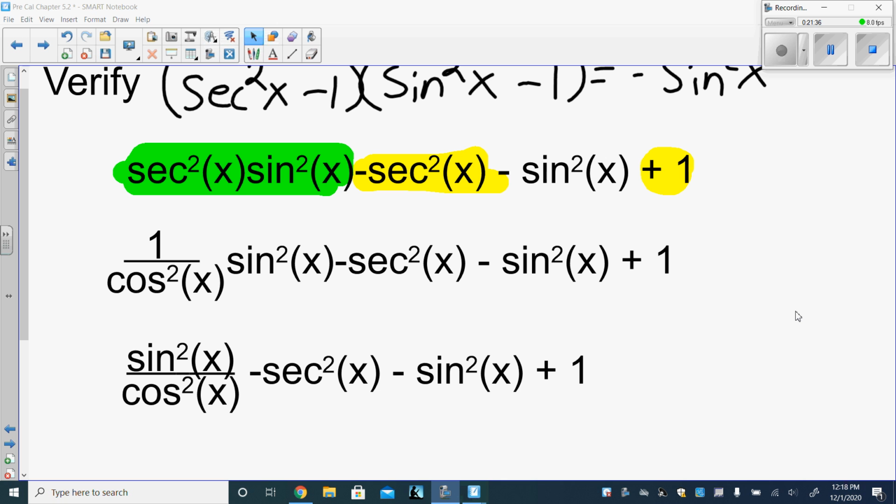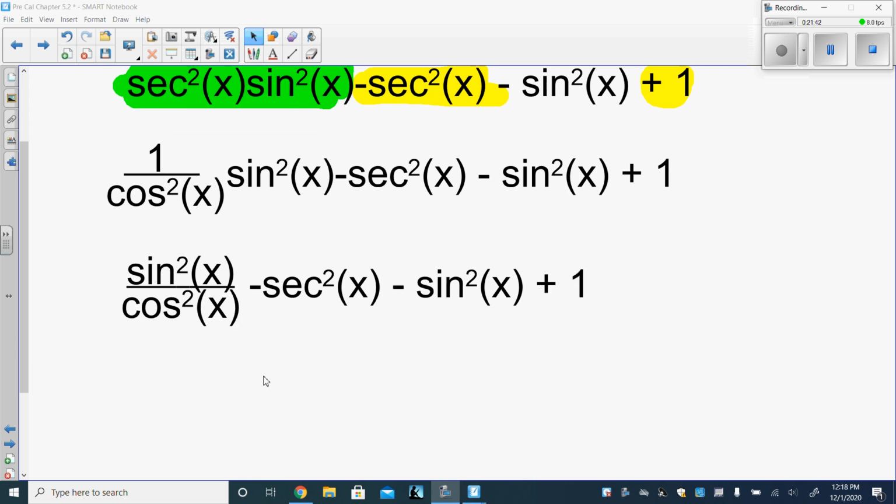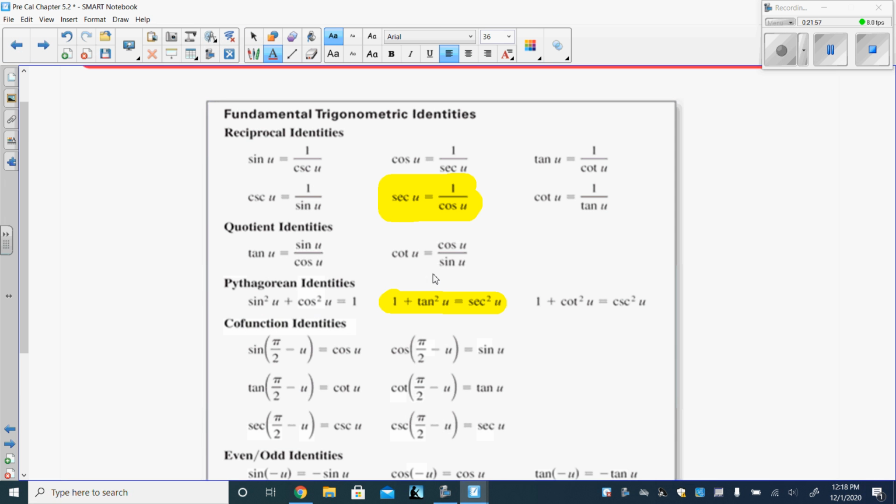Okay, so I paused the video and did some editing so that you don't have to see me do each of the individual steps to get this written out. But really, when we multiply these two together, we get sine squared of x over cosine squared of x. Okay, that's fine. But what do I know about sine squared of x over cosine squared of x, or sine over cosine? Well, that's the same as tangent.